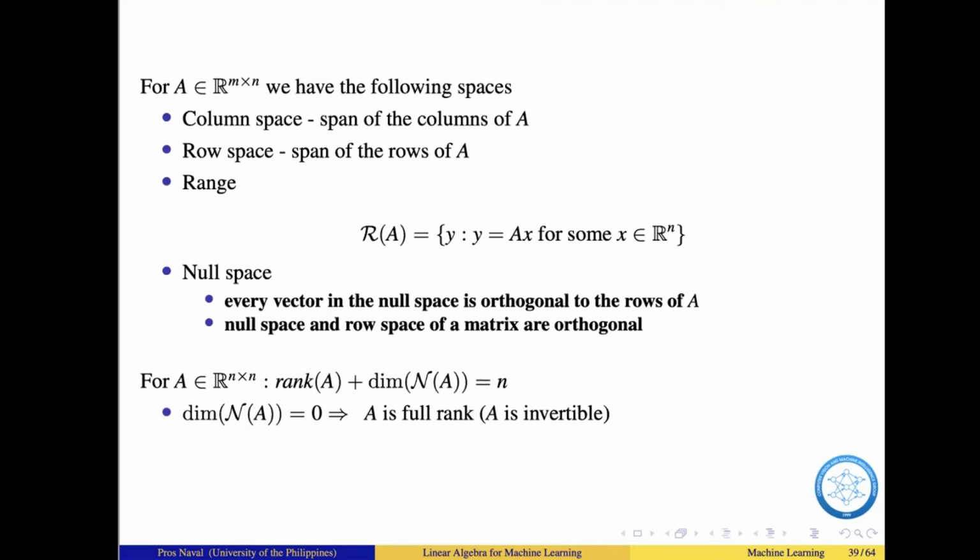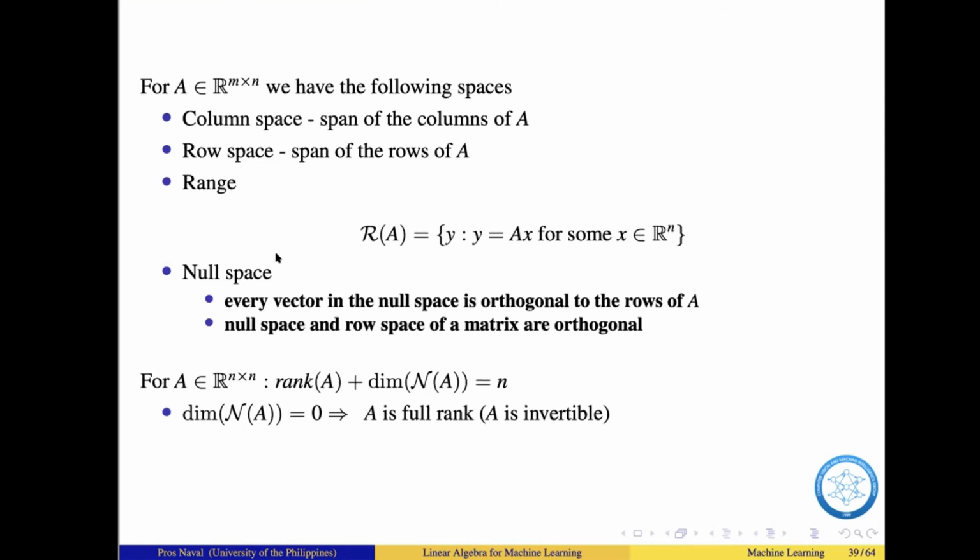Let's now talk about matrix spaces. Given an m by n matrix A, we have the following spaces. We have the column space, which is the span of the columns of A. So A has columns, and you take the span of those column vectors.